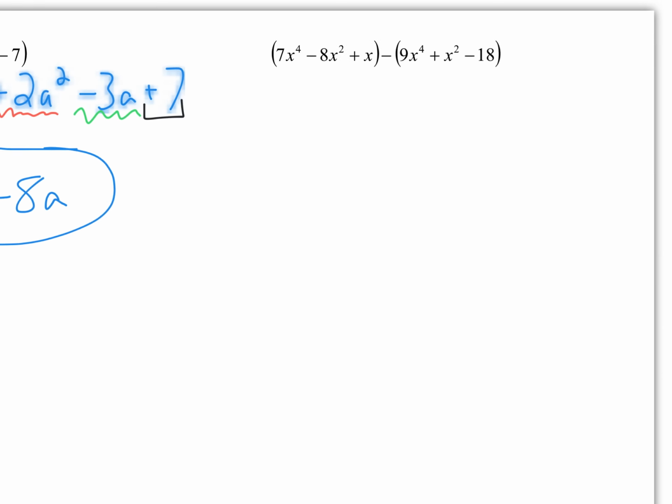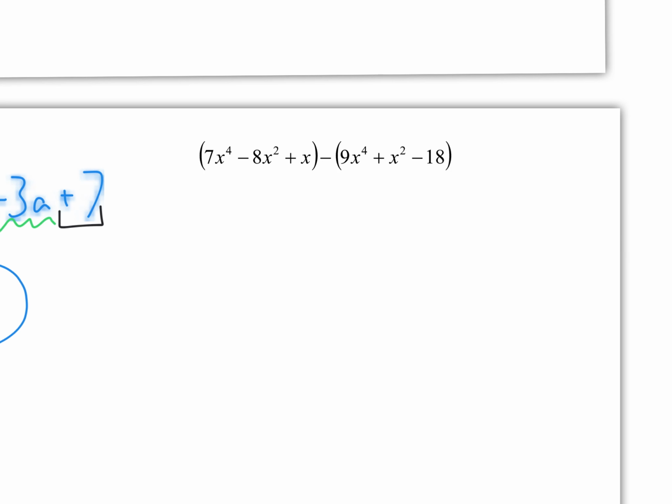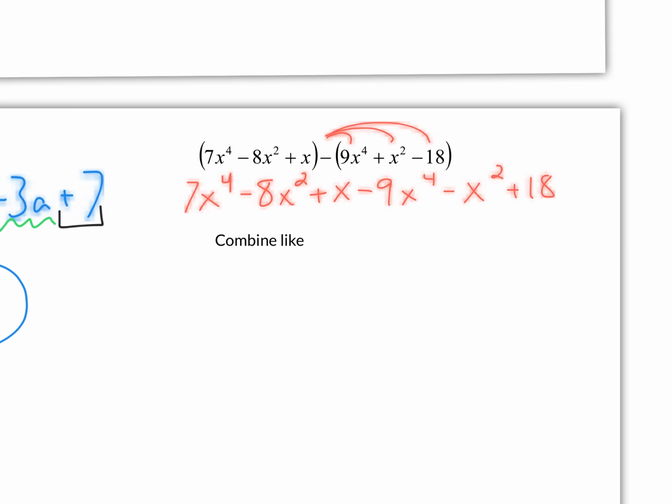So similar here, I'm going to go ahead and distribute the negative. I can say I have 7x to the 4th minus 8x squared plus x, and then that's now minus 9x to the 4th minus x squared and plus 18. Again, after you distribute the negative, our method is just to combine like terms.